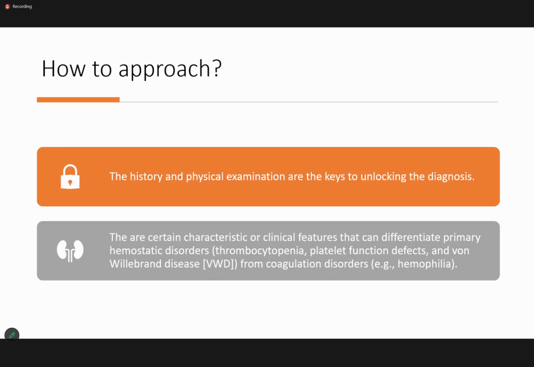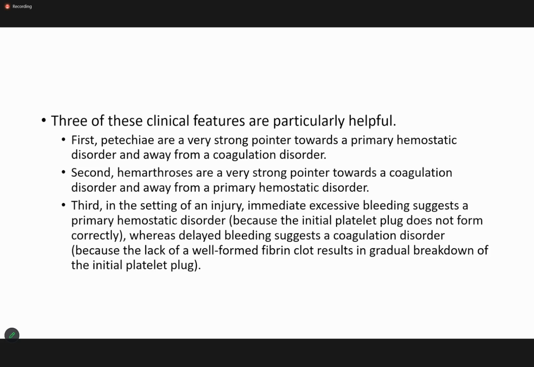There are three clinical features that are always used to identify this. First, a patient with mucocutaneous bleeding, or who presents with petechiae, for example, points more towards a primary hemostatic disorder, whereas a patient with soft tissue bleeding or hemarthrosis points strongly towards a coagulation disorder.